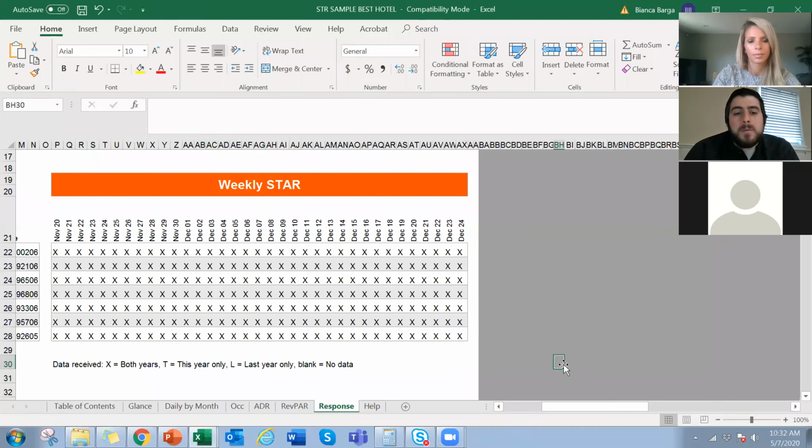So potentially Monday, Tuesday, Wednesday, they reported both years, Thursday, Friday, they reported just last year. This is important because it obviously is going to skew your numbers as an overall set if a hotel is not reporting both years. Will it change your numbers terribly drastically? It can. Would you completely throw away all the information you're seeing if one hotel is not reporting this year?